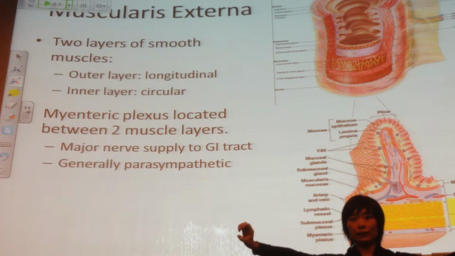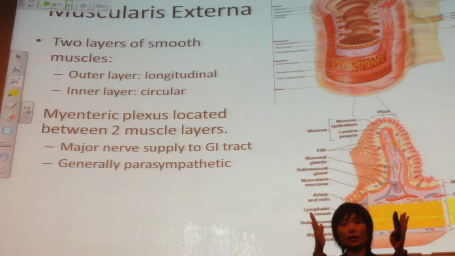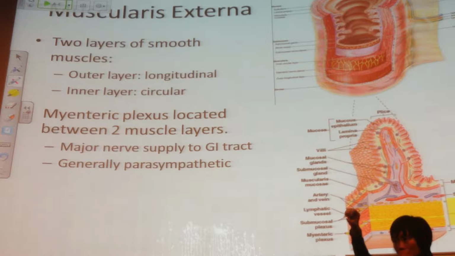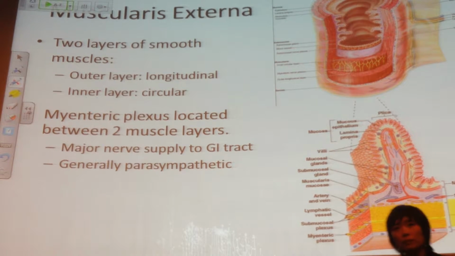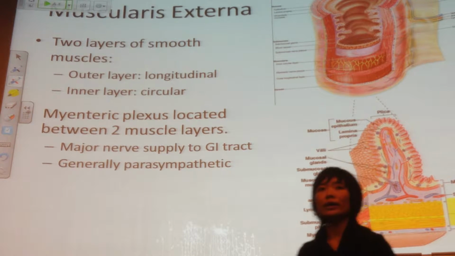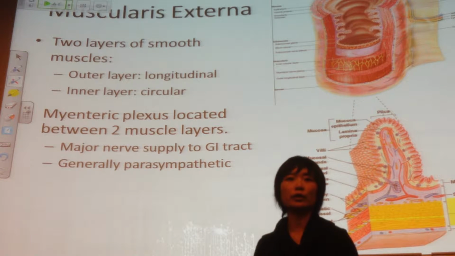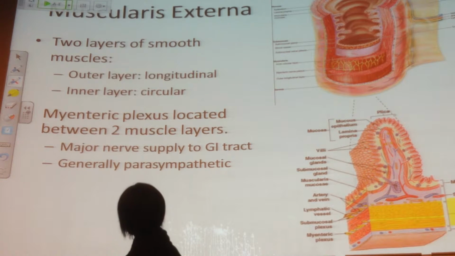Say this is a tube, that's your GI tube. When it's contracting, it's shortening. The circular layer is kind of pinching on it, and the longitudinal just shortens it. Would it also widen it? No, it won't widen it. How you widen it is by relaxing the circular layer.